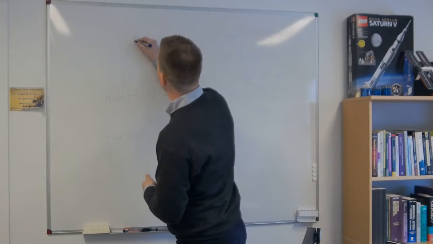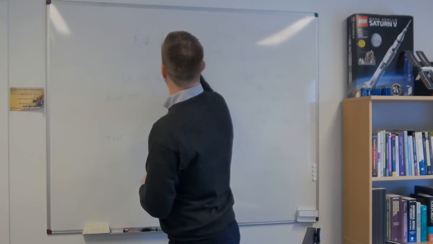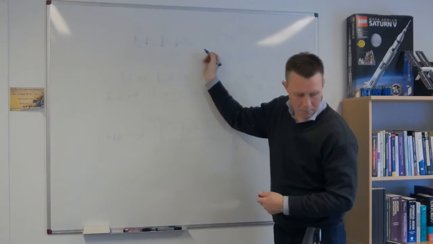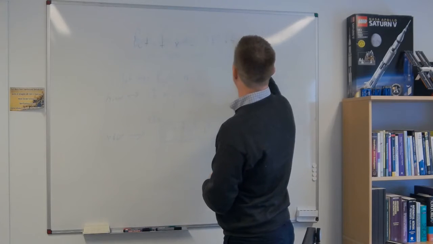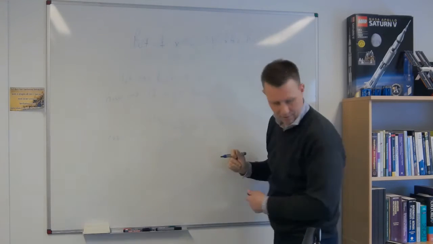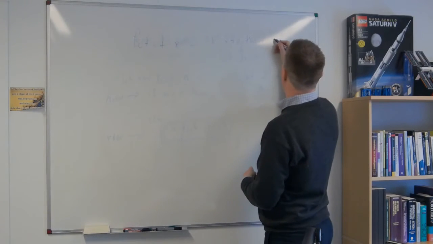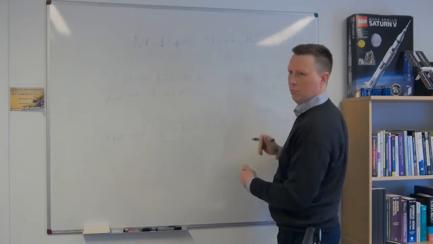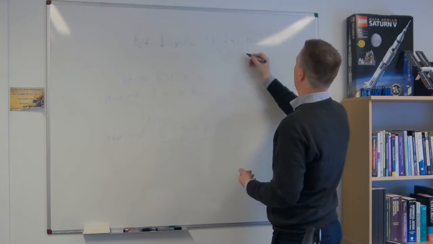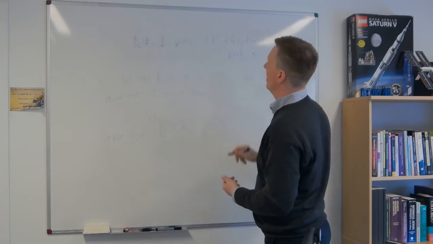So we can do a function let f of x, and then I can say, if x is greater than 0, then call g of x minus 1, else x.